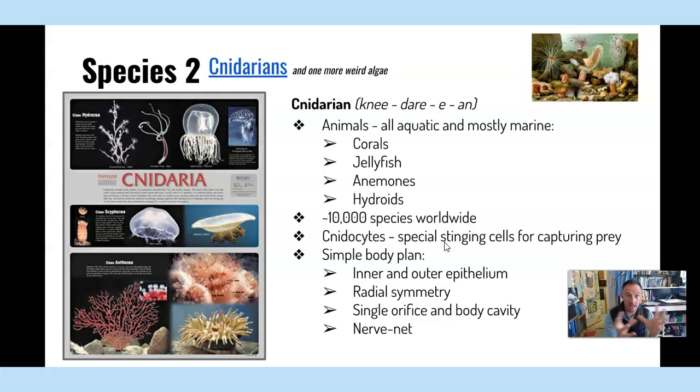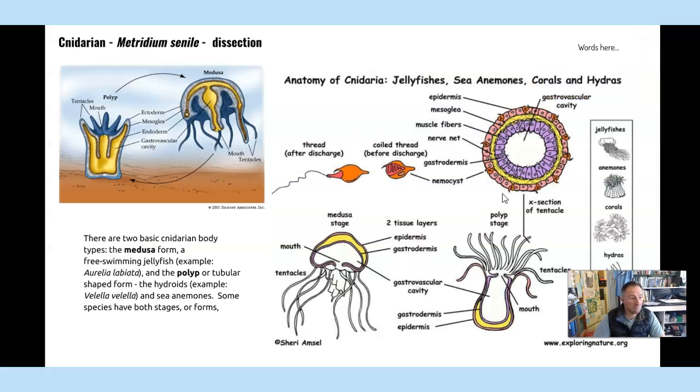They don't have that. They just have nerves that do different things. Can sense light, can sense differences in temperature and salinity, and those types of things about their environment, and then they react based on the input they get with those. And there's about 10,000 species worldwide, probably more. We just haven't classified them all because there's a lot of weird ones that just float around in the water we haven't even probably seen yet.